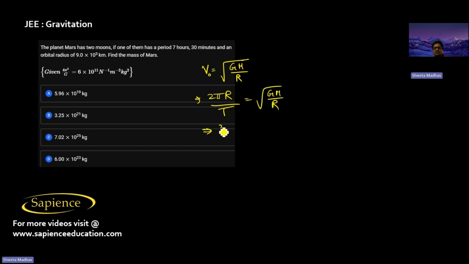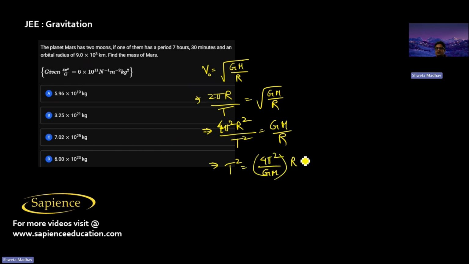If we square both sides, we get 4 pi square r square by T square equal to GM by r. It means T square will be equal to 4 pi square by GM into r cube. Therefore, the mass of the planet Mars is equal to 4 pi square by G into r cube by T square. That we have to use, then you can find out the mass of the planet Mars.